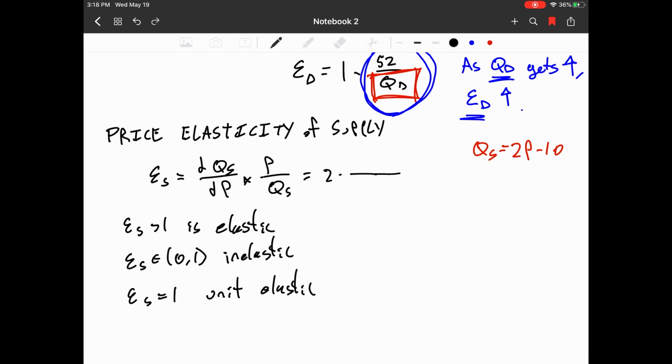So here we can just rearrange this. We have 1/2 QS plus 5 is equal to P. I'm sorry, this is a 5.